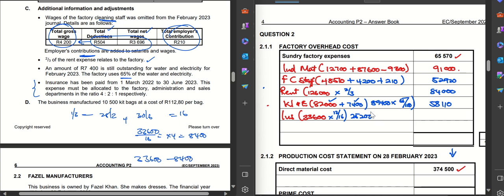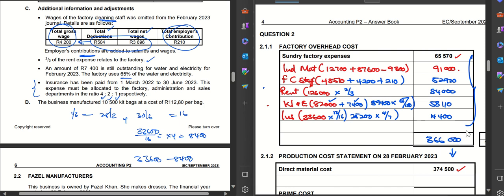Then you take that 25,200, then you say it should be allocated 4 plus 2 plus 1, that's 7. So it's multiply by 4 over 7. And that would give you an amount that is 14,400. Okay, so if you add all of this, then it should give you 366,000.